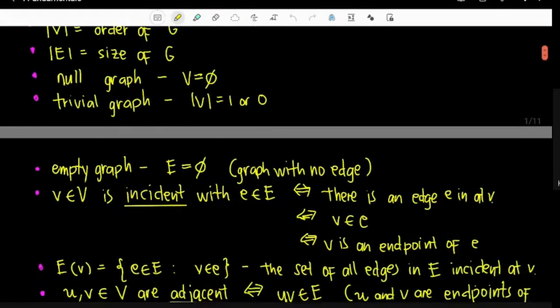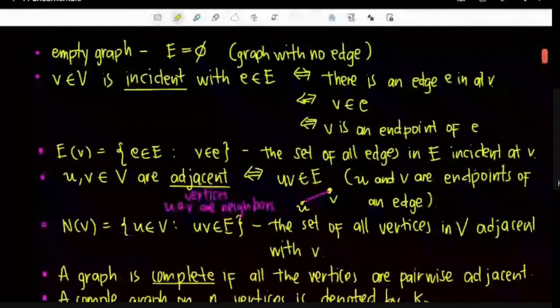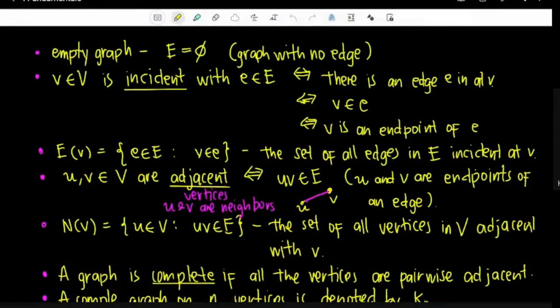Okay. We've already discussed some taxonomy, pero dadagdagan lang natin ng konti. Again, V is incident with an edge if V is an endpoint of that edge. Meaning, as a set, yung V ay element ng subset na E. Di ba? E is a set, di ba? So parang kung titingnan natin siya as a set, meron ka dapat makuhang edge sa graph mo na isa dun yung V as element ng edge na yon.